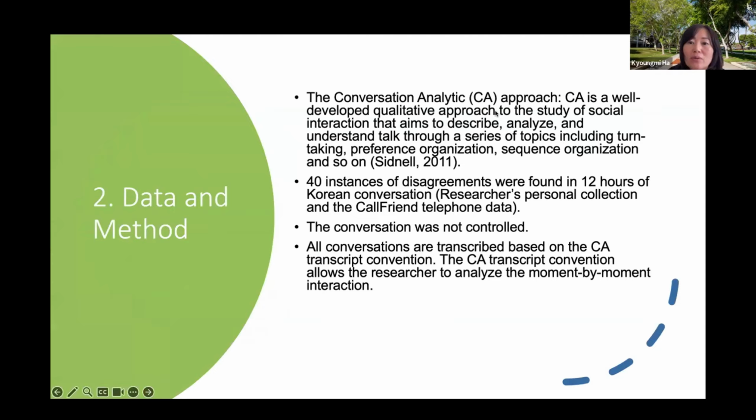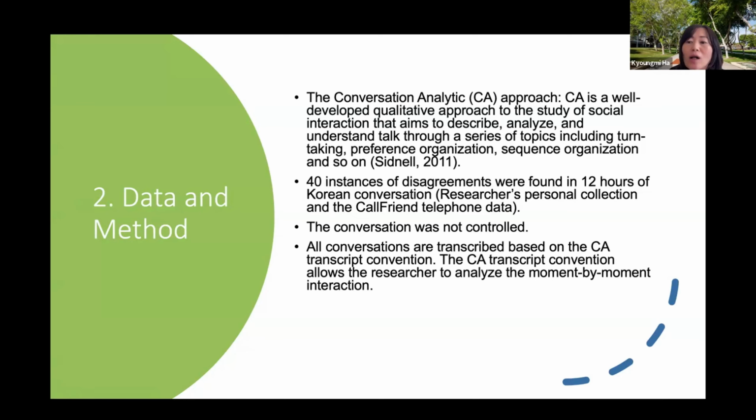For data and method, we are using the conversation analytic approach. CA is a well-developed qualitative approach to the study of social interaction that aims to describe, analyze, and understand talk through a series of topics, including turn-taking, preference organization, sequence organization, and so on. For this study, the researcher's personal collection of conversation data and the CallFriend telephone conversation data are used.